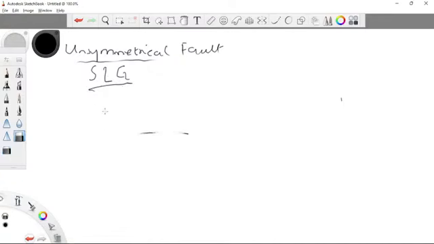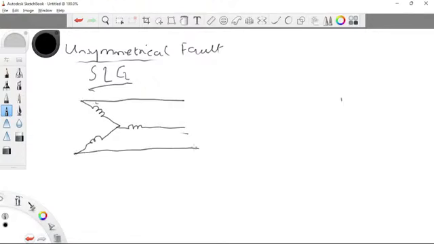Let me read what the diagram shows. Okay, so we have our lines like this. So if we have a line to ground fault, then let's say on phase A, we have a line to ground fault here.